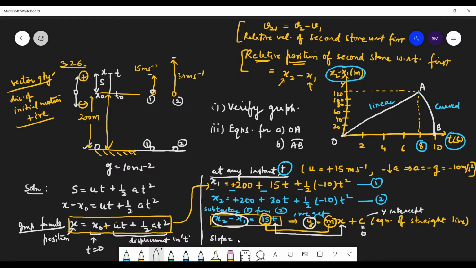So this is a linear equation, and there are three things that this graph is telling you. First, this is a linear equation, so you get a linear graph.